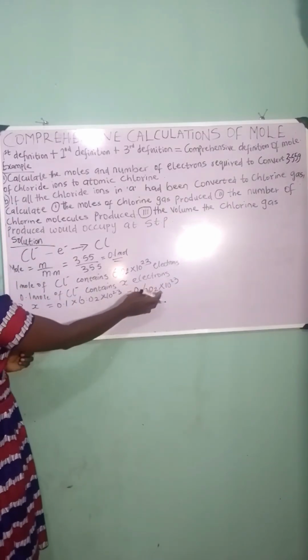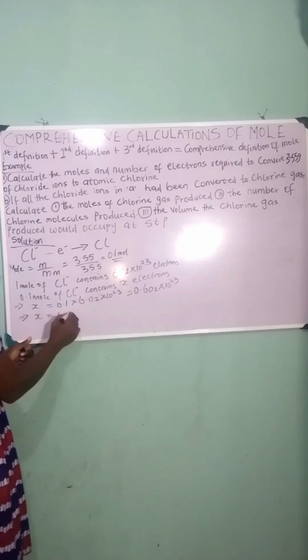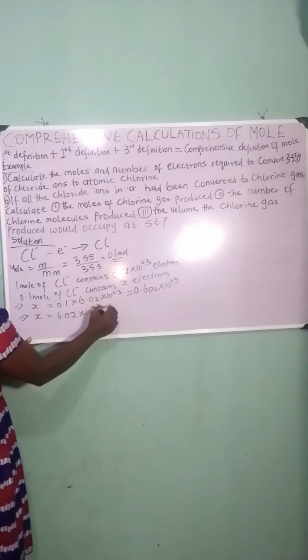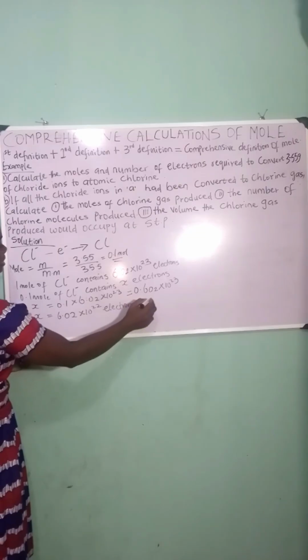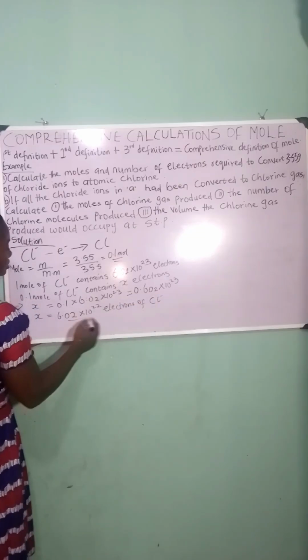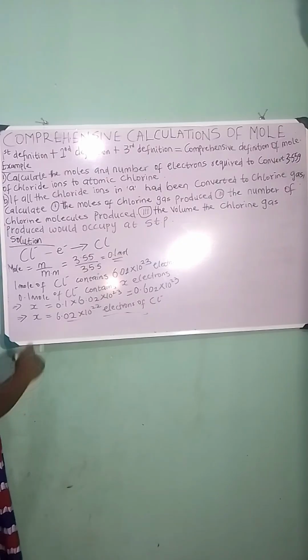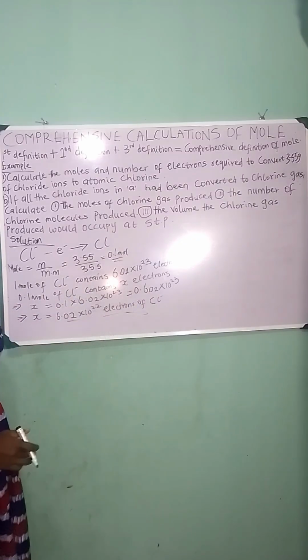You can further write this as X equals 6.02 exponent 22 electrons of chloride ion. So that basically solves the A part of it. This one is the number of moles and this one is the number of electrons.